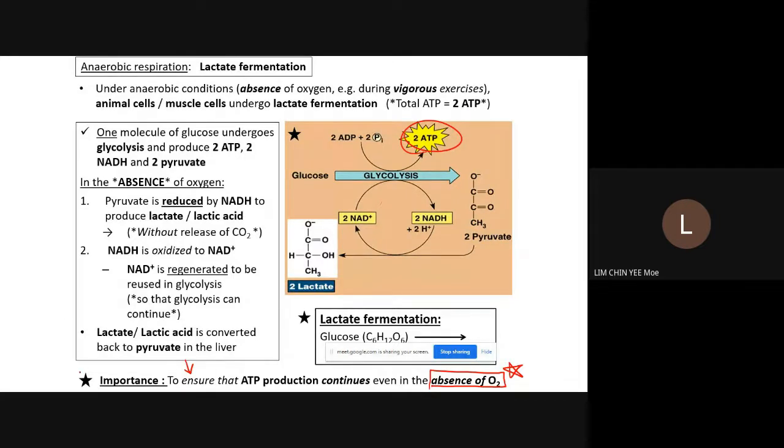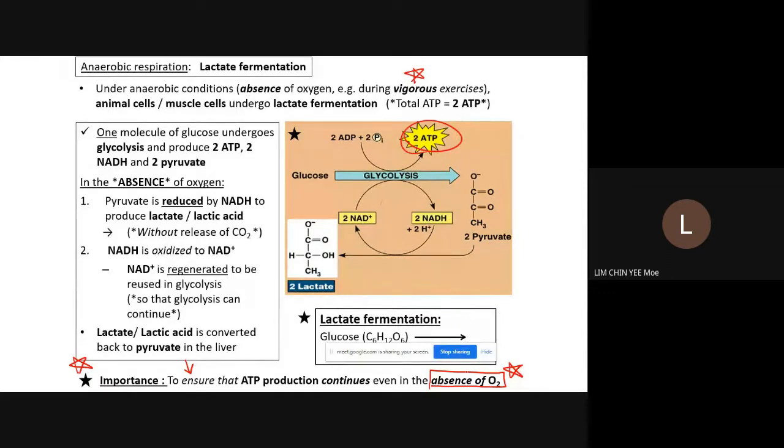And that's the importance of lactate fermentation in our muscle cell. To make sure we can still have the energy needed for the process, even we don't have oxygen. Did I make it clear? Yes, Miss. That's what I wrote here. During vigorous exercises, maybe you nak lari kena kejar anjing ke, then you were running and then you need a lot of energy to keep you running, but you don't have enough oxygen.